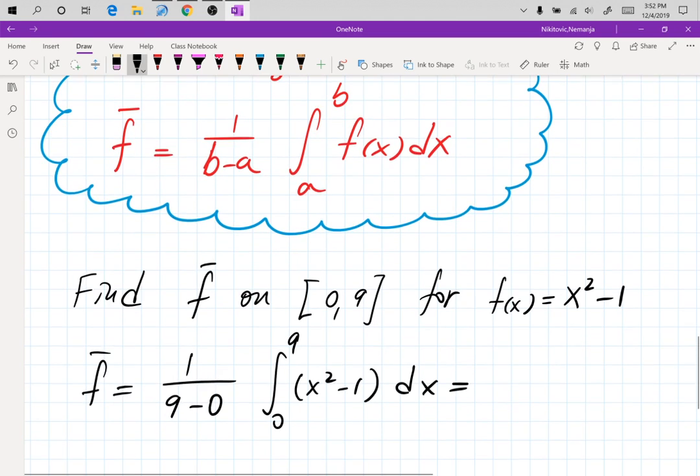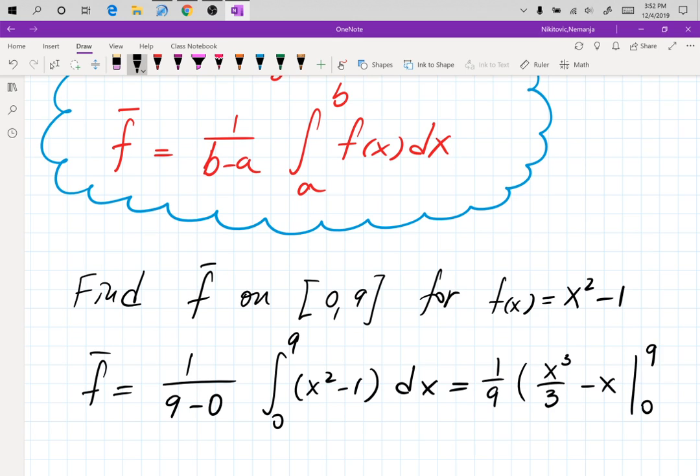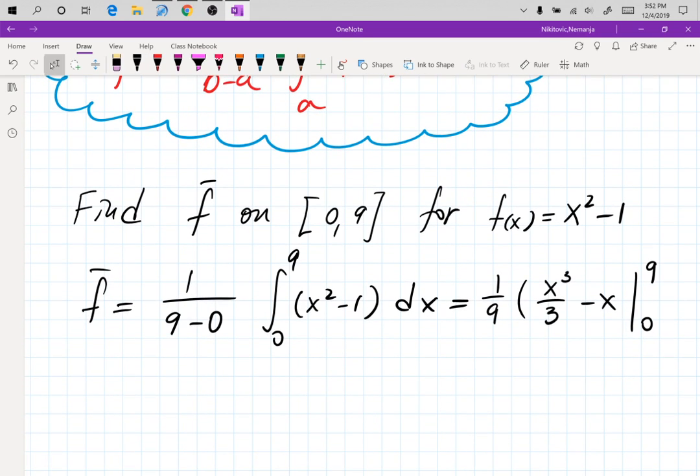The average value is 1 over 9 minus 0, integral 0 to 9 of x squared minus 1 dx. And you just compute. This is 1 over 9, and then your integral here is x cubed over 3 minus x computed from 0 to 9. So we have 1 over 9, plug in 9, that's 9 cubed over 3 minus 9, and then minus 0, no one cares.